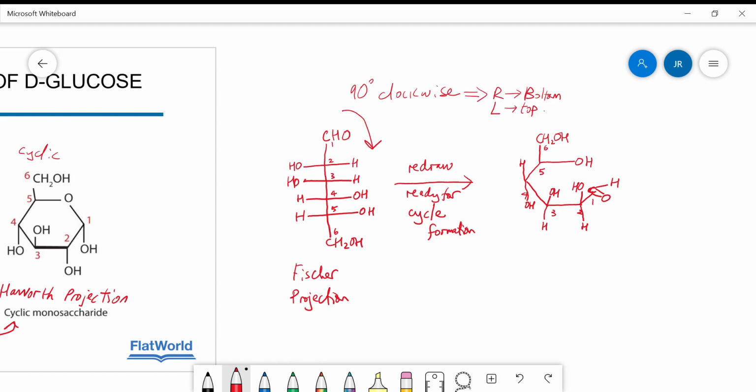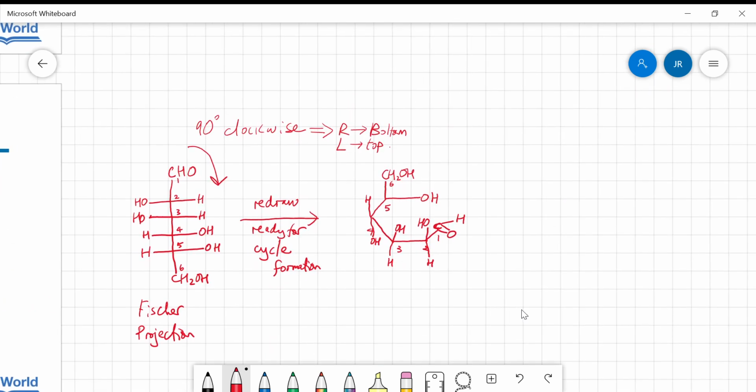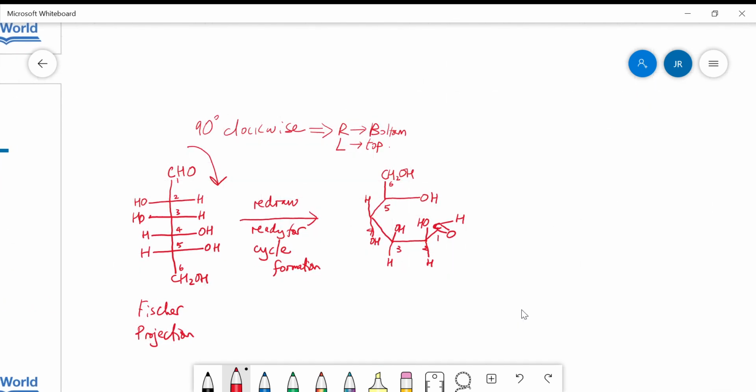And now finally, I'm going to close my cycle. Again, this alcohol is going to attack the carbonyl. So this oxygen is going to attack that carbonyl and close in the bond. So again, I'll redraw it.